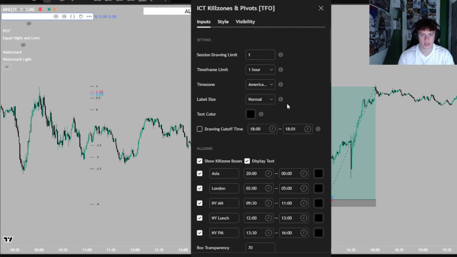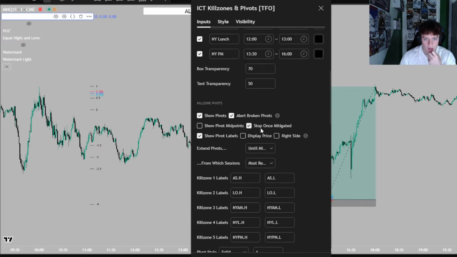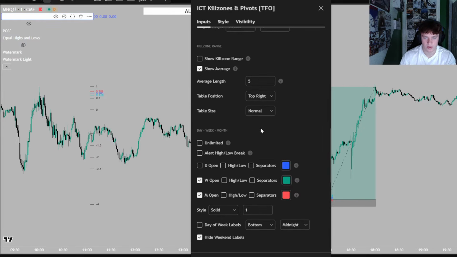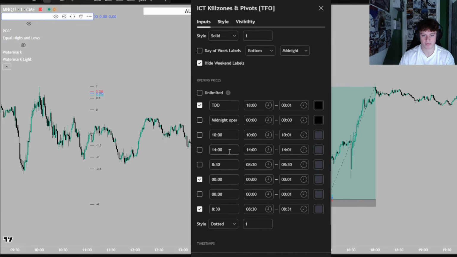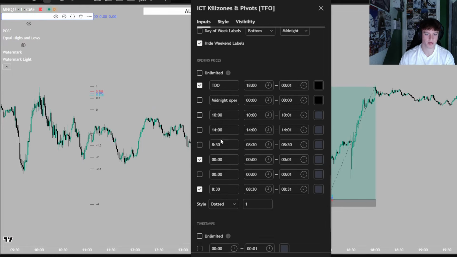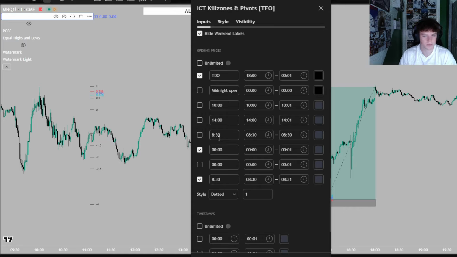So in here, what we need to make sure we have on is the week opening, the month opening, and make sure that we either have this on, the day open, or we have it marked out on our chart. Because true day open, which you can use right here, if you guys want, you can copy these settings.